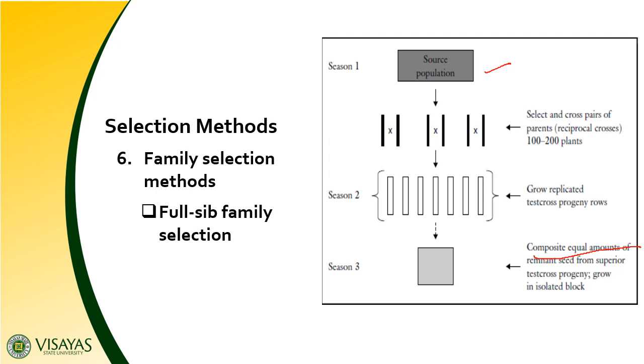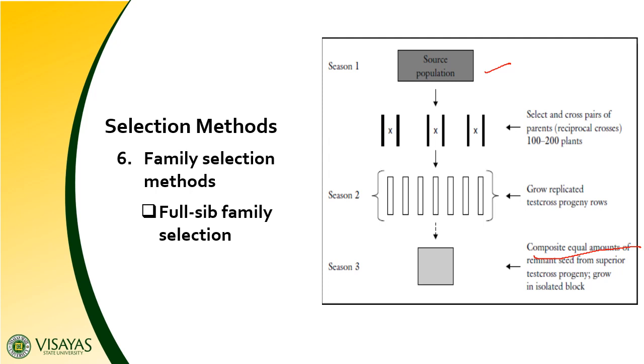So equal amounts of those 5 plants' seeds will be composited and planted in the third season in isolated blocks. So for example, you have 5 plants selected, and then you decide that from each of the 5 plants you will get 100 grams of seeds. So you have all 500 grams of seeds from those 5 plants.